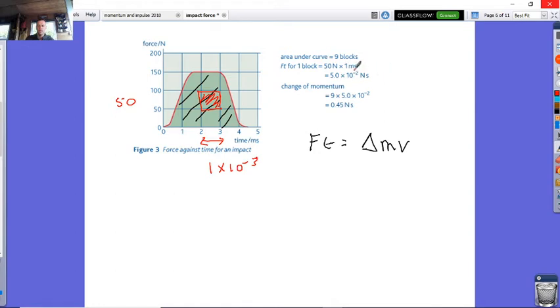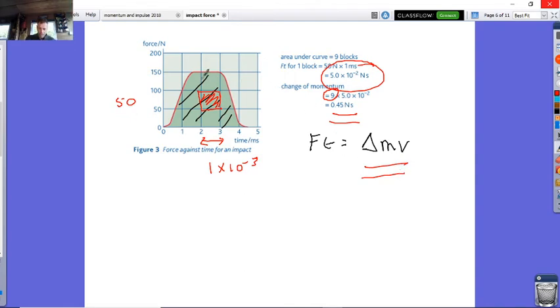So the area of each block is 50 times 1 millisecond, which is 5 times 10 to the minus 2 newton seconds. You then count up your squares, and here they reckon it's 9 squares in total, and that gives a total value of 0.45 newton seconds, which gives you your change in momentum.